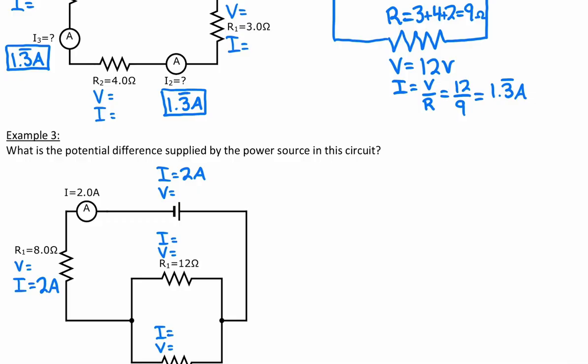So we've used Kirchhoff's laws for voltage and current as much as we can. Now, I think we have an opportunity to use Ohm's law over here on the left with R1. Voltage is going to be I times R, so 2 times 8, which gives me 16.